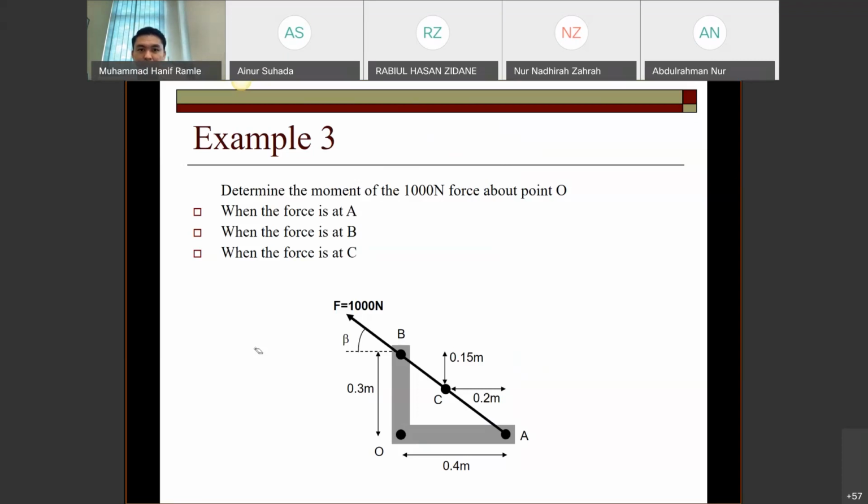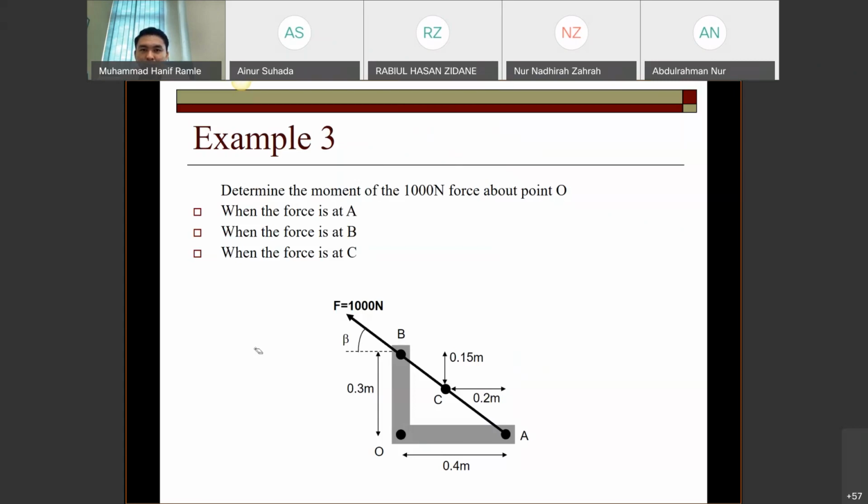What is the answer? Any answer? Junaid said minus 240 Newton meter.